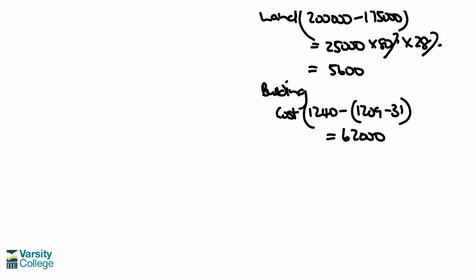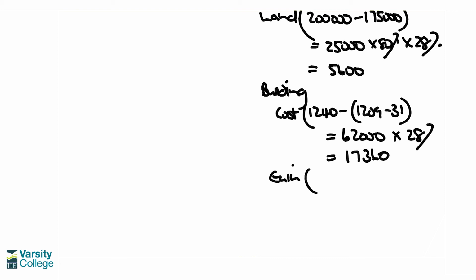The rest of the temporary difference, which is above cost, will be at the CGT rate. So I'm going to split it into those two components. This comes to 62,000, taxed at the normal 28%, which comes to 17,360.